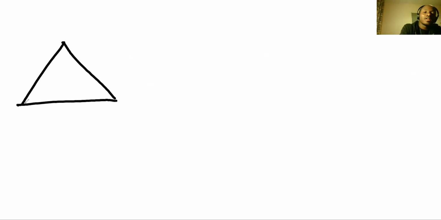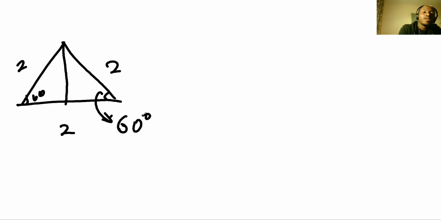So there's the first triangle that is always, this is 2, 2, 2. So this is an equilateral triangle, this will be 60 degrees. This angle here will be 60 degrees.